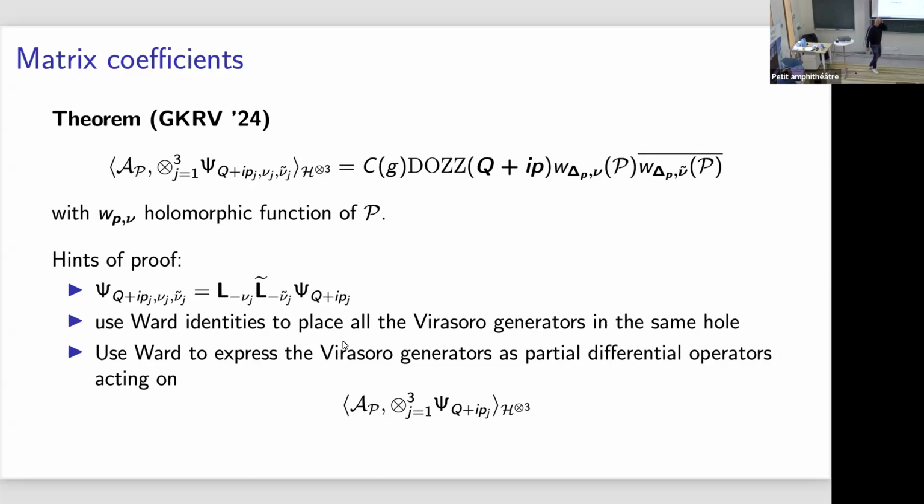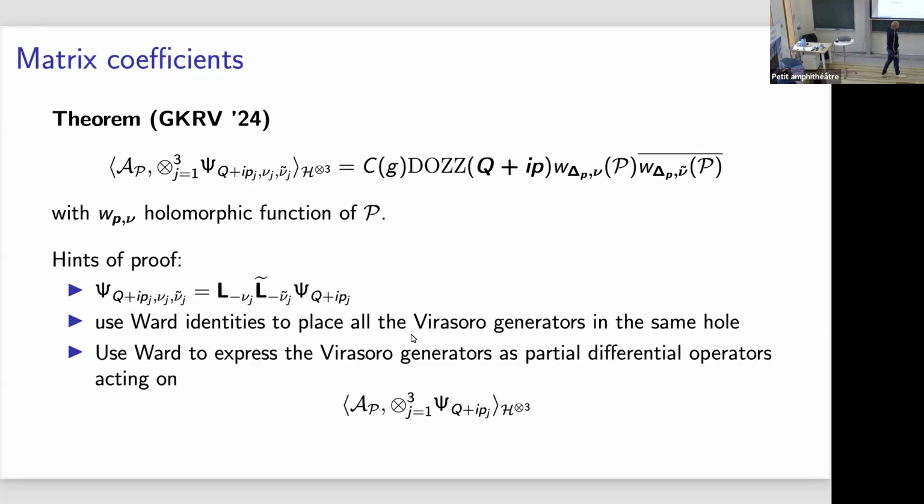So the general strategy is the same, I think, as in your approach. You have descendants in all the holes. Then with Ward identities, you can move the descendants from one hole to the other.